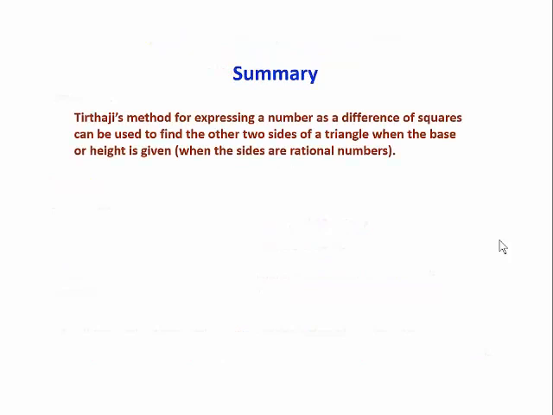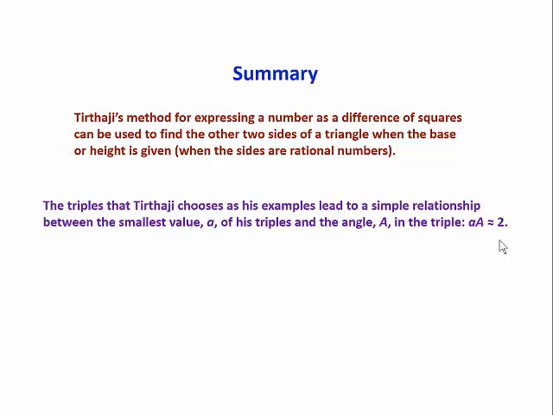So to sum up, there are basically three things we've done here. We first looked at Tirthaji's method for expressing a number as the difference of two squares and seen that it can be used to find the other two sides of a triangle when the base or height is given. Then we saw that there's something special about the triples that Tirthaji has chosen in his examples, and they lead to this special relationship that Aa is approximately equal to 2, and we can make use of that for triples with small angles to find little a or big A. In other words, to convert between angles and triples.